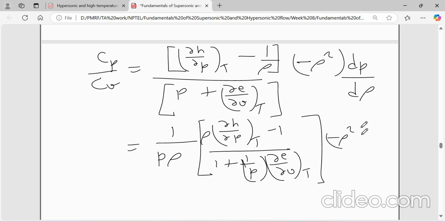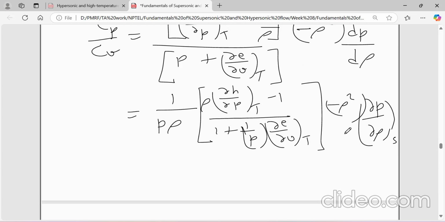minus rho square, and we have taken isentropic flow across sound waves, isentropic flow. So this dP by d rho will be nothing but dP by d rho isentropic S. This we can substitute as A square, which is nothing but the speed of sound in equilibrium flow.